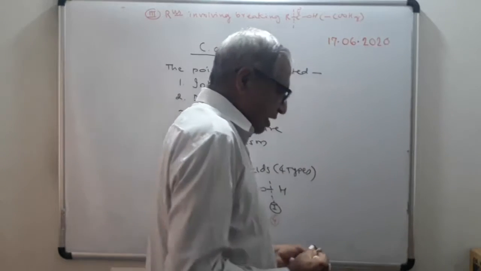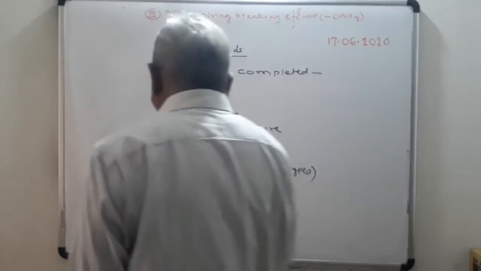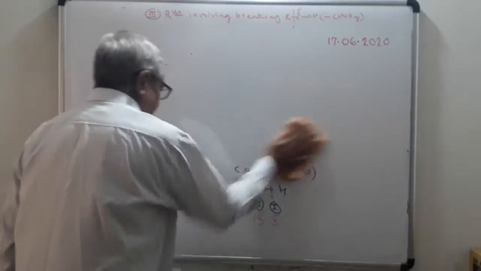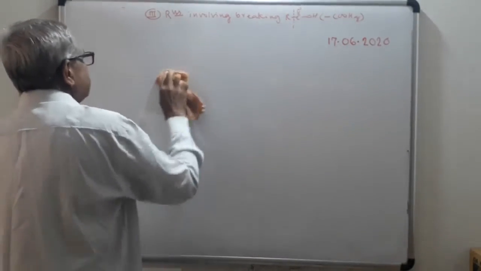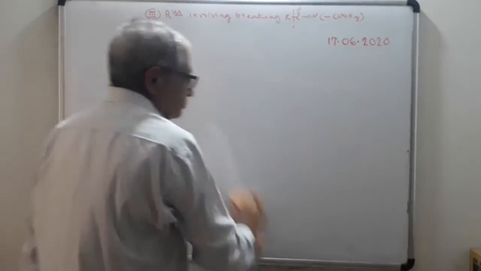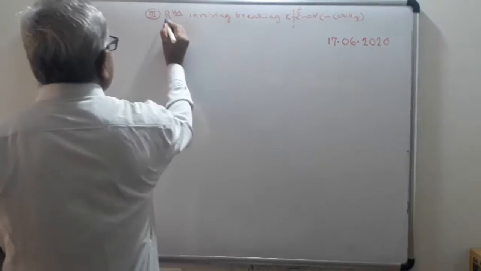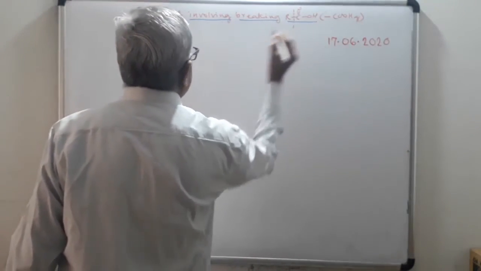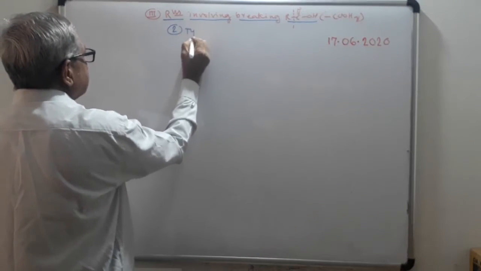So this point we are going to learn here. Reactions involving breaking of the COOH group. See, these are the 2 types of reactions.